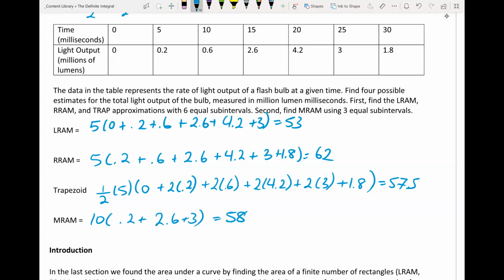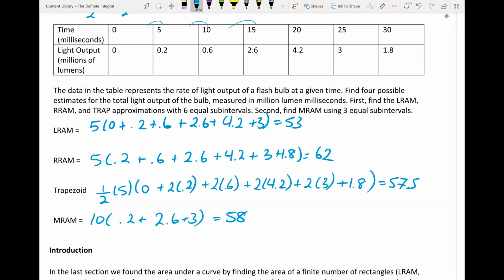All right, so remember your left-hand Riemann sum. You're going to compare each interval, and then always pick the left value. Our interval for time is always in increments of 5, so from 0 to 5, 5 to 10, 10 to 15, and so on, these are all increments of 5. Then I just sum up all the left values for the light output for each interval.